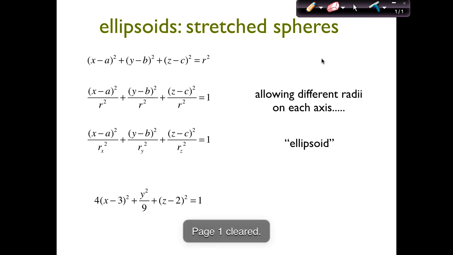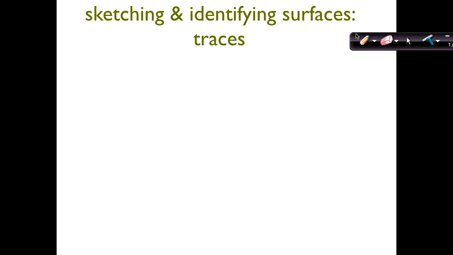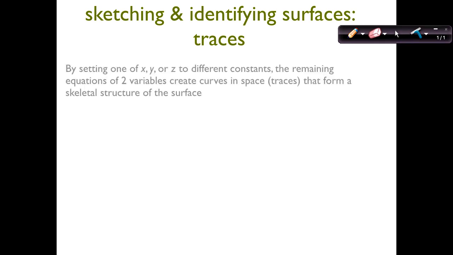Okay, so now when we go on to other surfaces, we want to talk about something called traces. By setting one of x, y, or z to different constants, the remaining equations of two variables create curves in space.